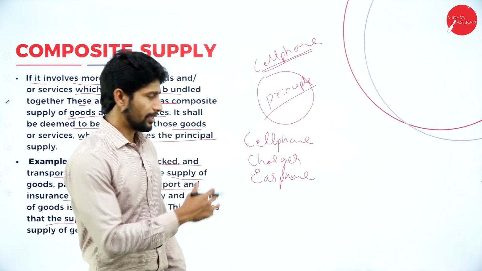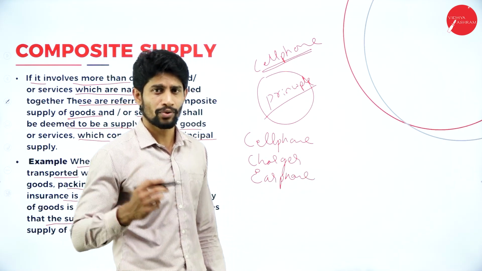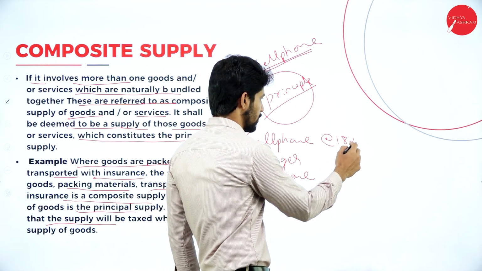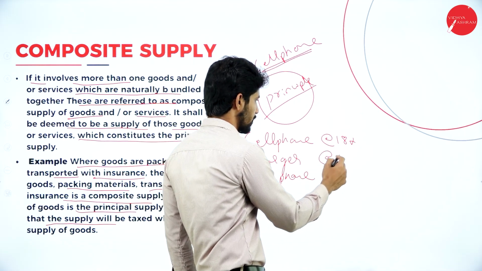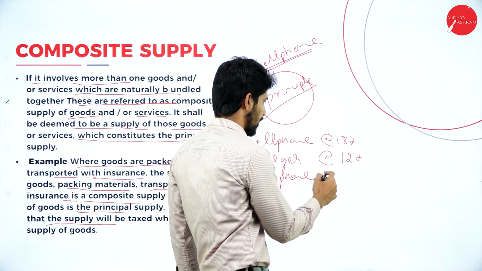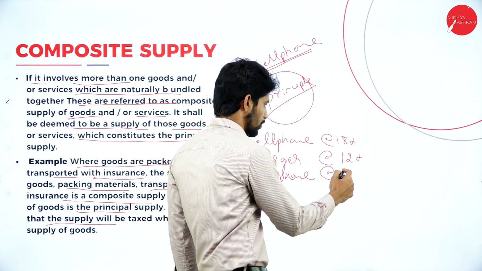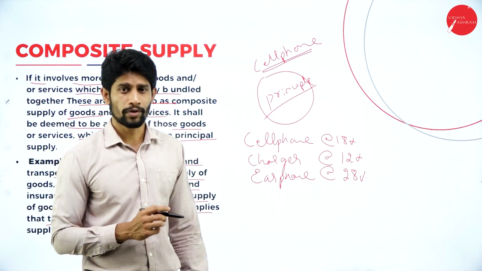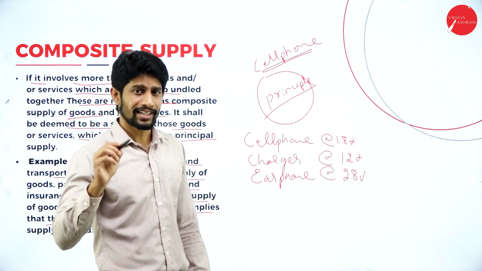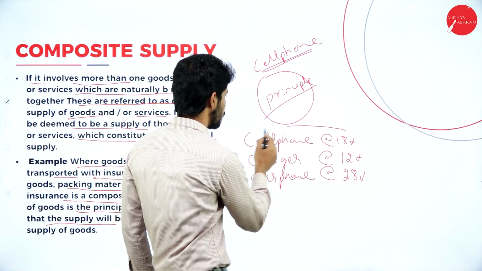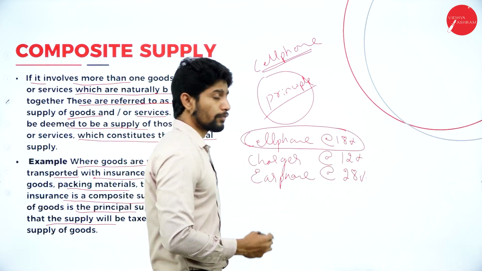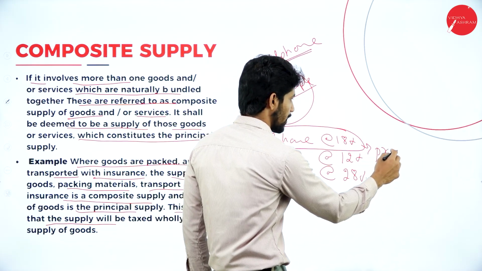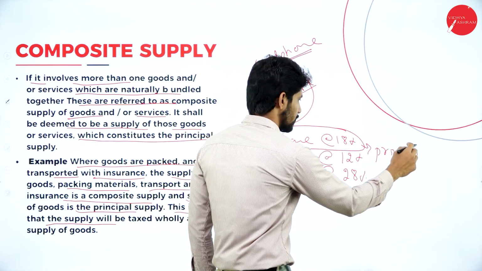So let us assume these three are bundled together and sold for a single price, and the cell phone attracts 18% GST, the charger attracts 12% GST, and the earphone attracts 28% GST. At that point, we will consider the tax applicable on the cell phone, because the cell phone will be considered the principal supply.